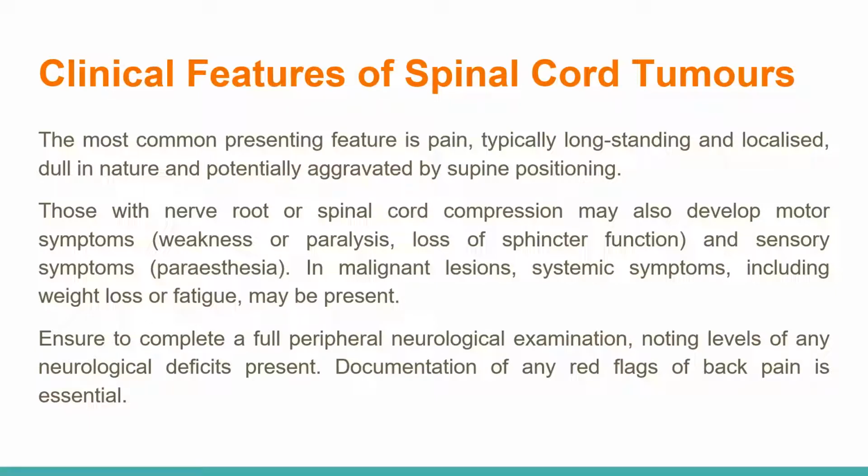In malignant lesions, systemic symptoms including weight loss or fatigue may be present. Ensure to complete a full peripheral neurological examination, noting levels of any neurological deficits present. Documentation of any red flags of back pain is very essential. Next, please.